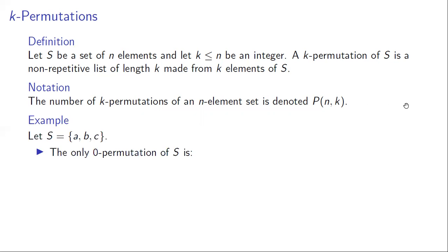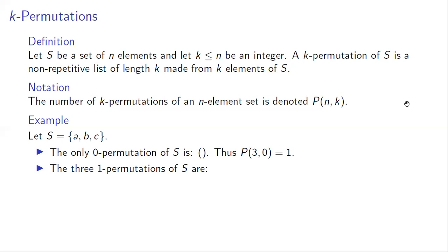How about a 0 permutation of S? There is one, and it's the empty list. Thus, P(3, 0) is equal to 1. The number of 0 permutations of a 3-element set is 1.